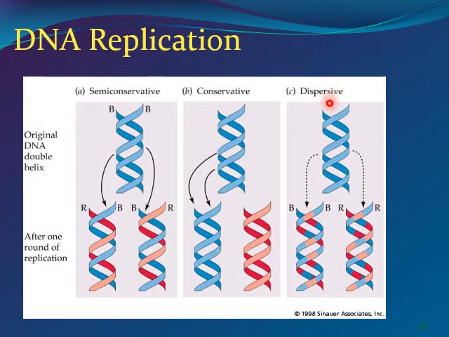The other type of replication is dispersive. In dispersive, the double helix is cut into pieces that would join with newly synthesized DNA pieces to form two molecules of DNA, each of which contains old and new strands.